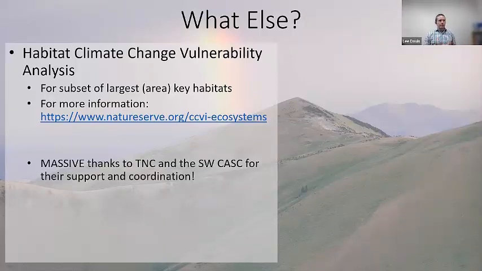One thing we're working on right now is working with Patrick McIntyre and Pat Coomer at NatureServe to run a habitat climate change vulnerability analysis for some of our largest key habitats, and by largest, I mean in terms of extent on the landscape. So low elevation and high elevation sagebrush, for instance, Mojave Warm Desert, some of those really large ecosystems.